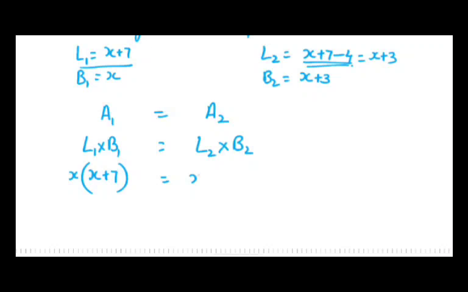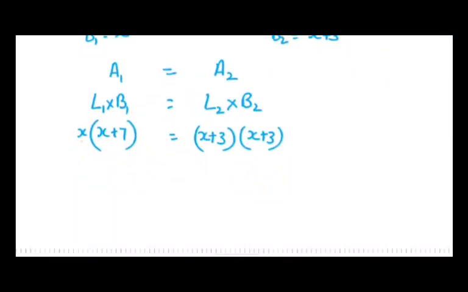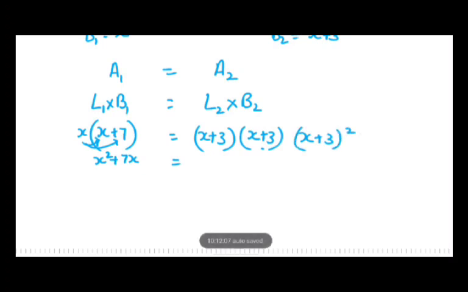So I'll straight away write that x plus 3, this whole thing multiplied by x plus 3, which is my breadth. Okay, x into x makes it x square plus 7x. Now this is nothing but x plus 3 the whole square, correct?